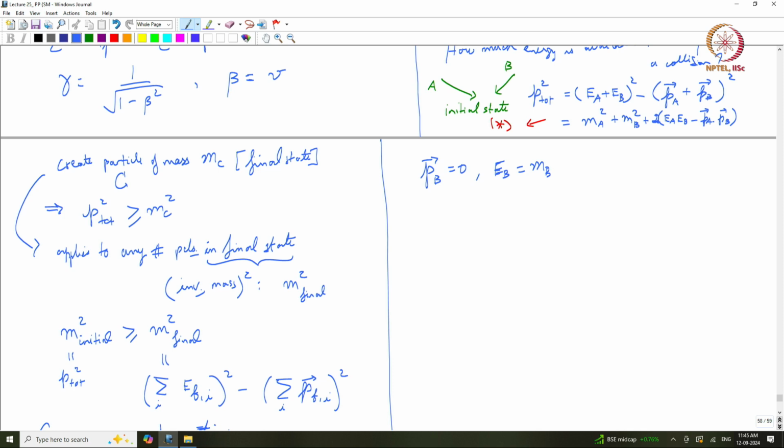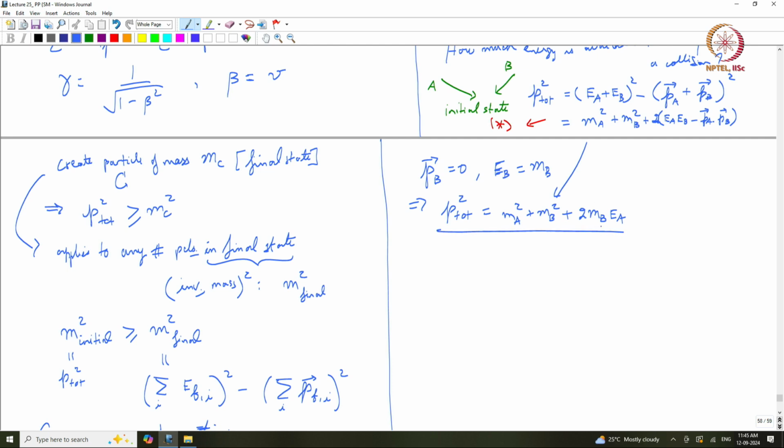What would that imply for the invariant mass squared of the initial state, or P squared total? So, I am just going to import that from here. MA will remain MA, MB will remain MB, but EB is now MB and EA remains EA, whereas the PA dot PB term goes to 0, because PB itself is 0.